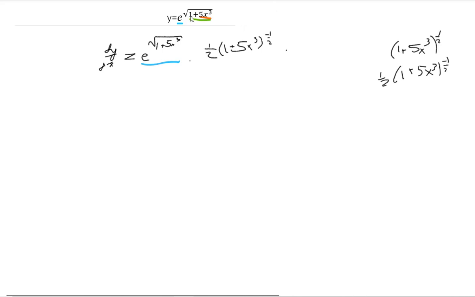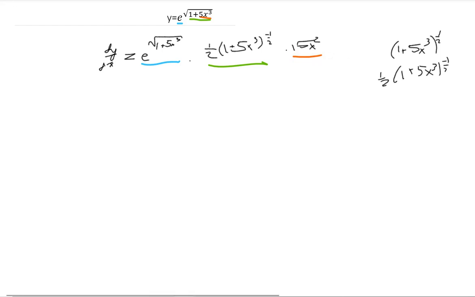Okay, so the derivative of 1 is 0. Derivative of 5x cubed is going to be, using the power rule, 15x squared. Okay, and so underline this in green to show that that's the derivative of the square root, and then underline this last part to show that it's the derivative of the function inside of the square root.